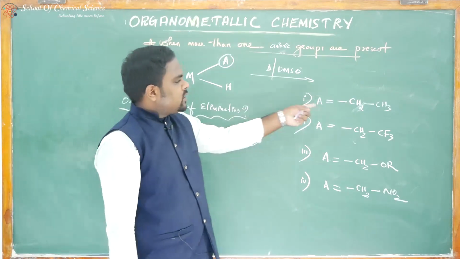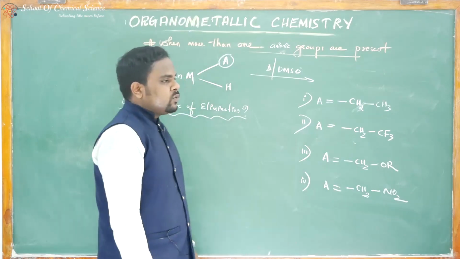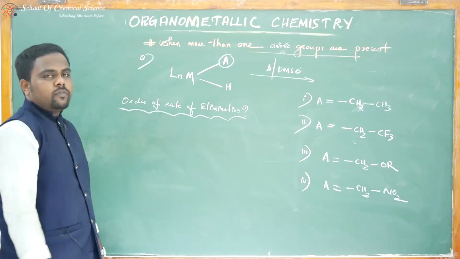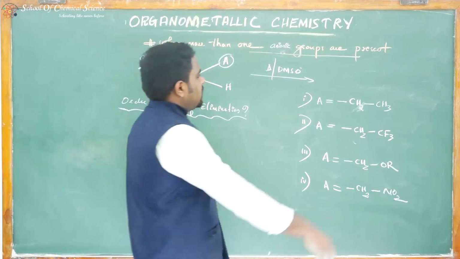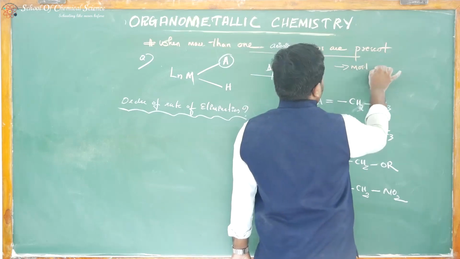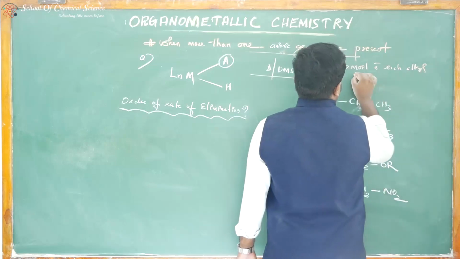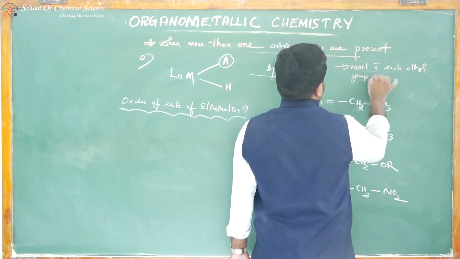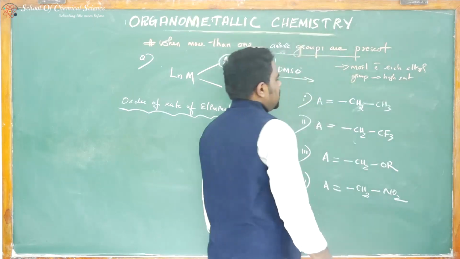When A is CH2CH3, CH2CF3, CH2OR, CH2NO2, in which case will the rate of elimination be faster? You know, the hint is: the most electron rich alkyl group has a high rate.